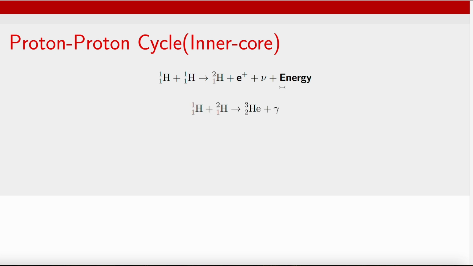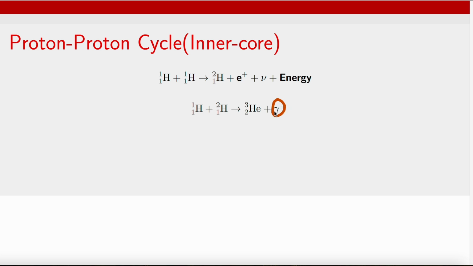It doesn't stop there. Then this proton and deuterium again fuse to form helium-3, and then you have the photon. This is the gamma photon. This is the energy that will finally come out of the sun.